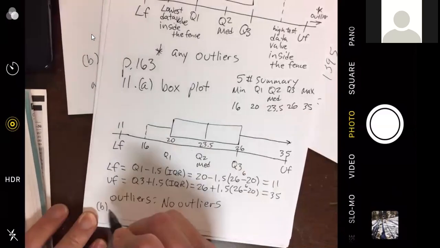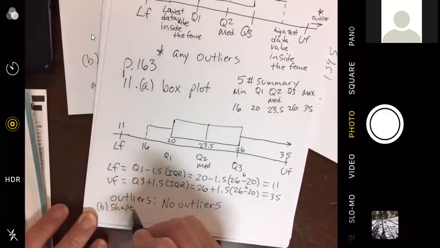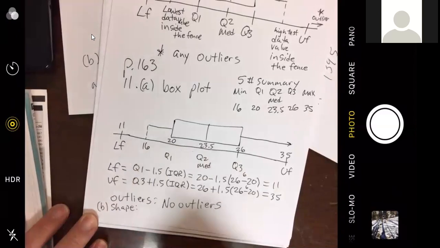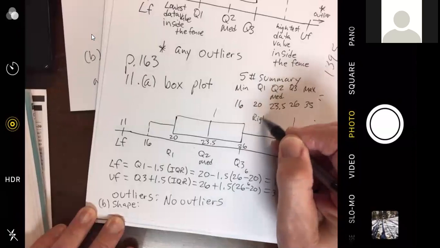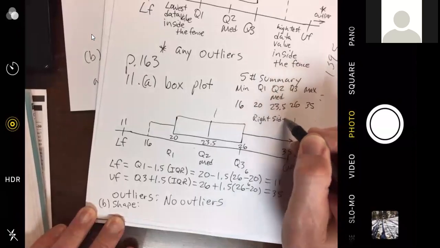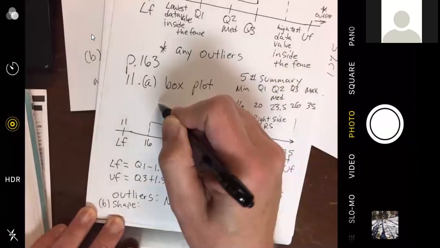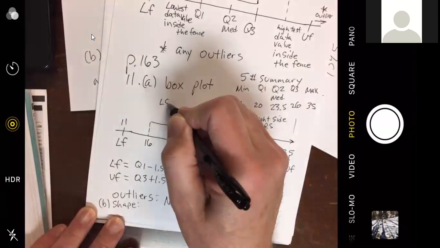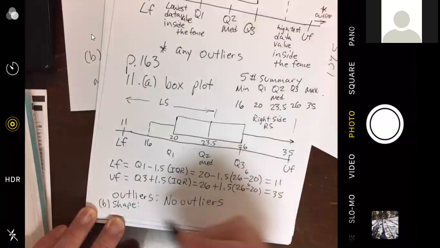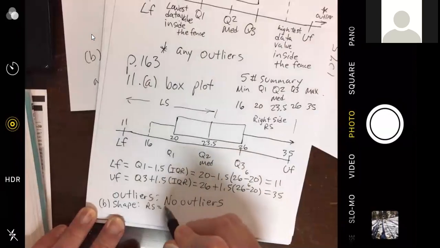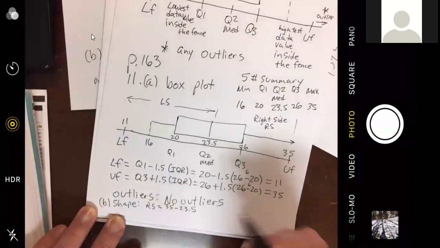Part B was to describe shape. So I would take the right side, call it RS, and compare it to the left side. So the right side is 35 minus 23.5.